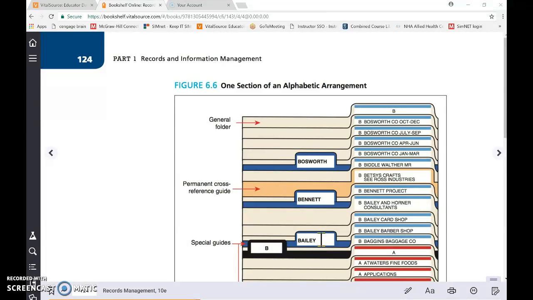So they did a secondary or specialty guide called Bailey, and then they alphabetized all the Baileys behind that before it went on to the next item. As you can see in this one, they had Bailey, Bennett, and Bosworth as specialty guides because there were so many of them that they had for those particular names. They didn't want them getting mixed in with all the B's.